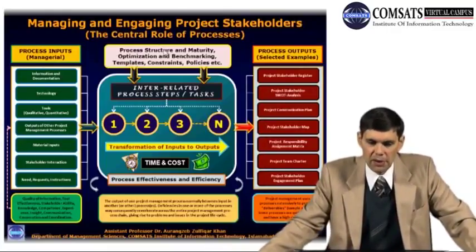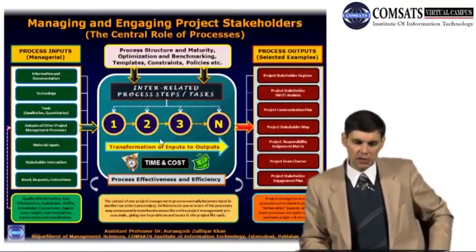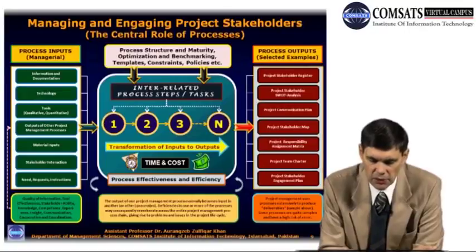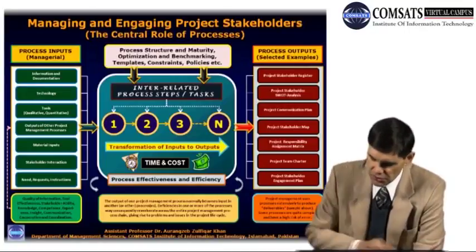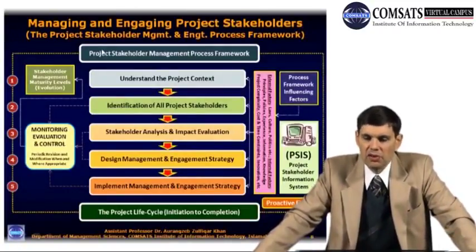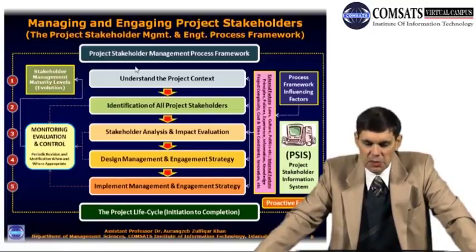All these are parameters which determine the quality of a process. So it's a long story in itself. I don't want to go into it in great detail now, but this is just to illustrate to you the importance of processes in project stakeholder management and engagement.